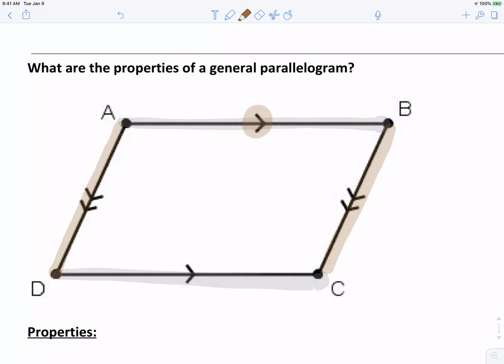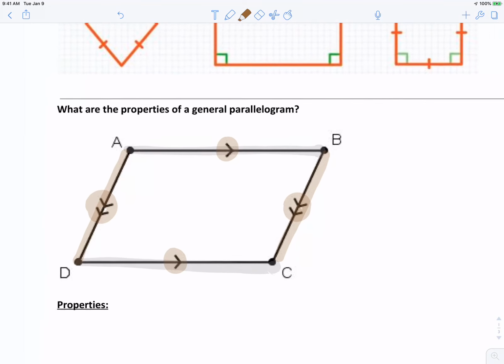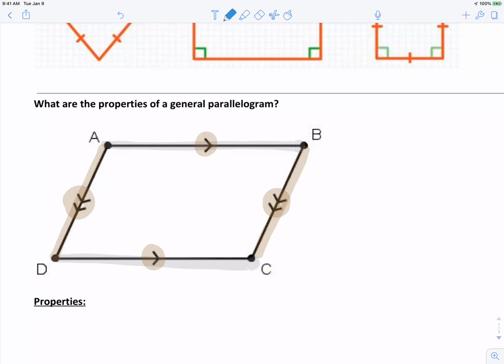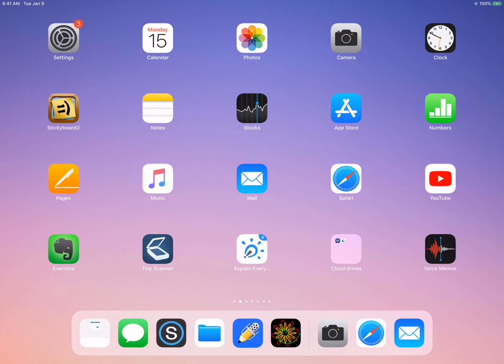So these markings right here are part of the definition, opposite sides being parallel. So according to the definition, AB is parallel to DC, and also side AD is parallel to BC, just by definition. Now, beyond that, what measurement properties do we have of parallelograms? And that's what we're going to look at.